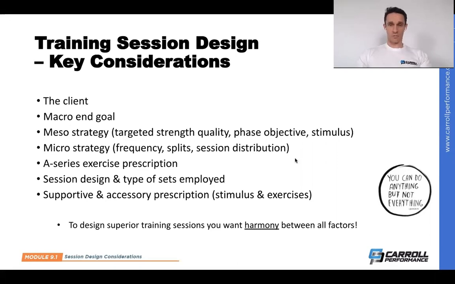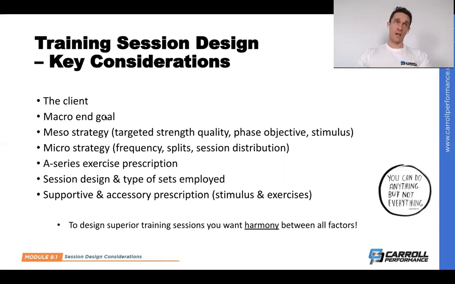So other considerations when we're thinking about design is, of course, who is the client? Because that'll obviously be impacting goals, preferences, intensity prescriptions, exercises, and what is the macro cycle end goal that you have decided upon?